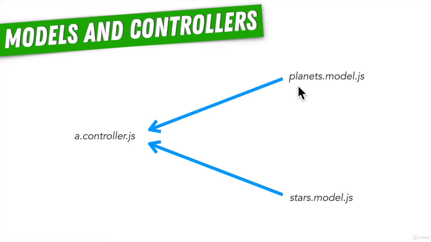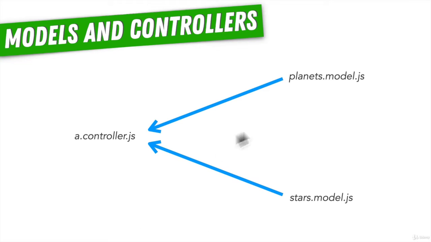And it's possible that our planet's model might be used in another controller, maybe in one that deals with mission launches. And maybe our stars model is used in a constellation controller.